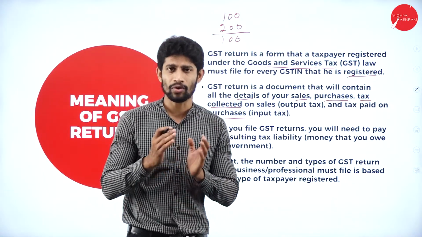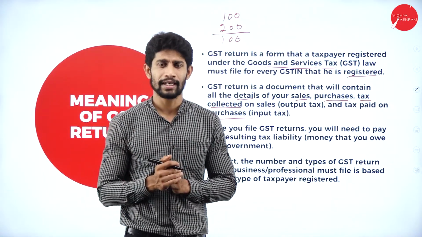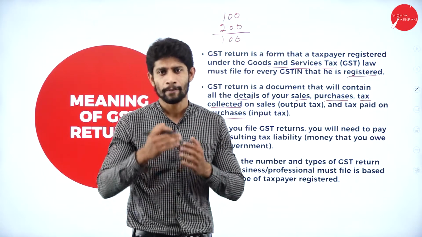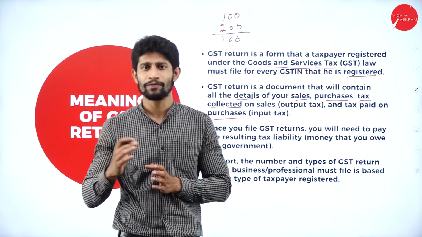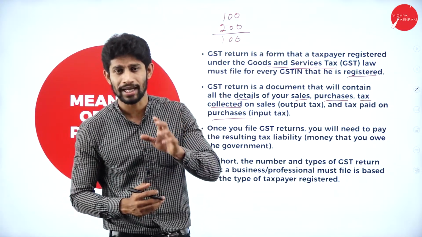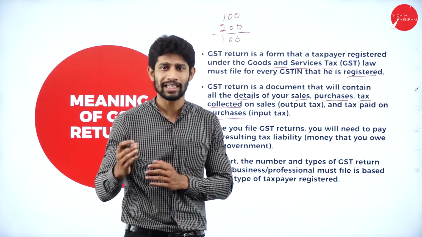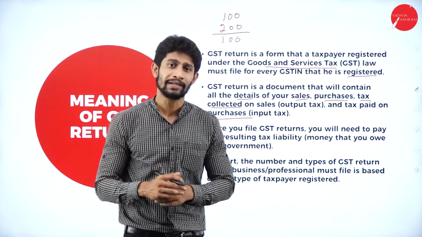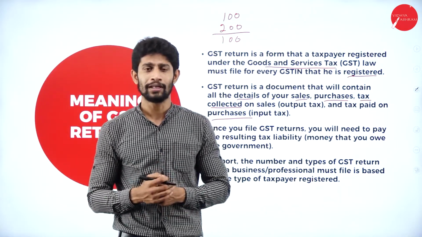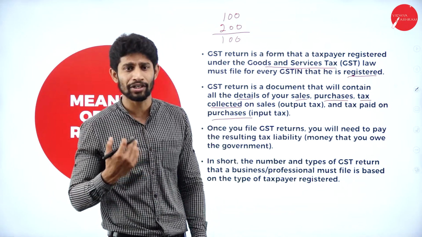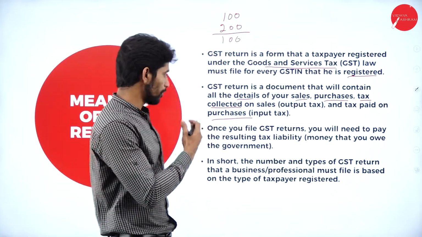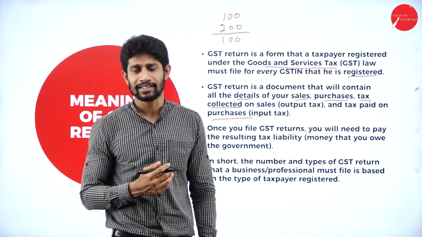If you are registered as an occasional businessman, then the types of forms will be different. If you are registered as a regular businessman, your forms will be different. If you are registered under the composition scheme, then the types of forms you are going to fill under GST return are different. So based upon the different kinds of registration, the number of forms you are going to file with the GST authority differs.